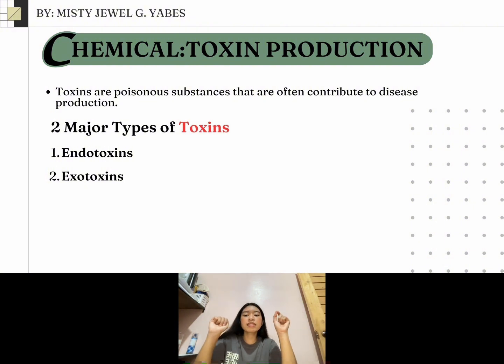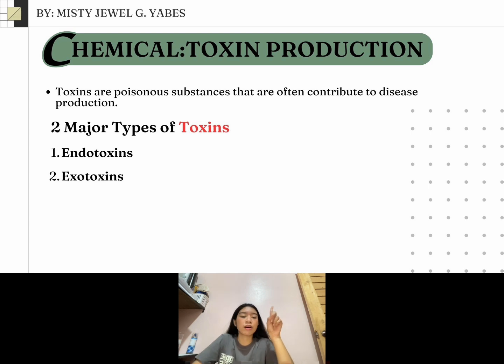Ang mga toxins kasi natin are poisonous substances that are often contributing to our disease production. Yung ating mga toxin, ito ay mga poisonous substances na nagko-contribute sa production ng ating diseases. So, meron tayong two types ng ating toxins, which are our endotoxins and our exotoxins.